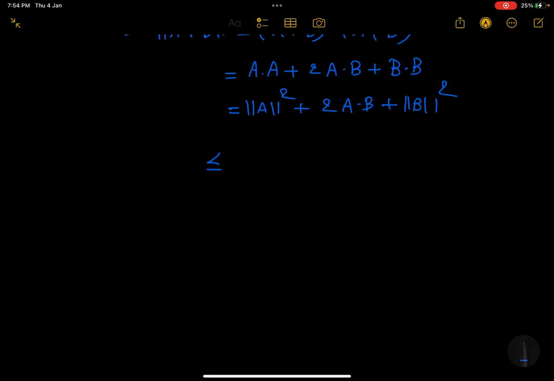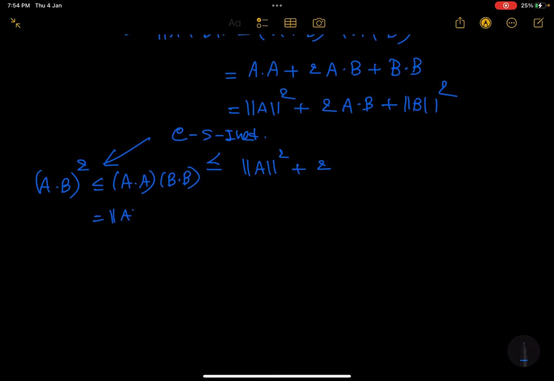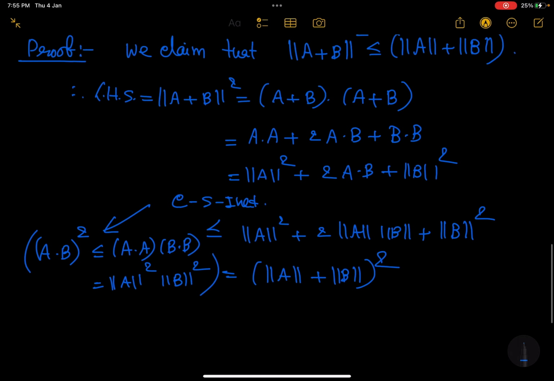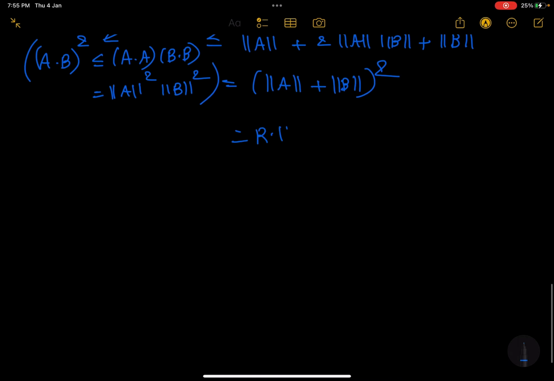By the Cauchy-Schwarz inequality, in short CS inequality, we get that this is less than or equal to norm of A whole square plus 2 times... So Cauchy-Schwarz is A dot B whole square is less than or equal to A dot A into B dot B. By the definition of norm, from here we get that A dot B is less than or equal to norm of A into norm of B. So we can write this plus norm of B whole square. So this is norm of A plus norm of B whole square, which is the right hand side.